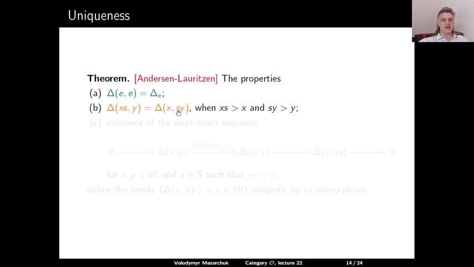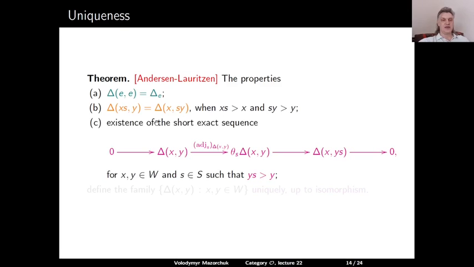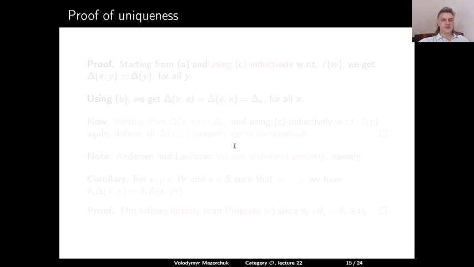Then the associativity property that delta xs comma y is equal to delta x comma sy when xs is greater than x and sy is greater than y. And finally, the property that there is a short exact sequence, as in the proposition before. So these three properties define the family delta xy, where x and y are elements in W, uniquely up to isomorphism. Let us now prove this statement.